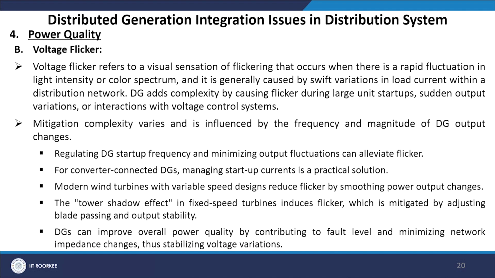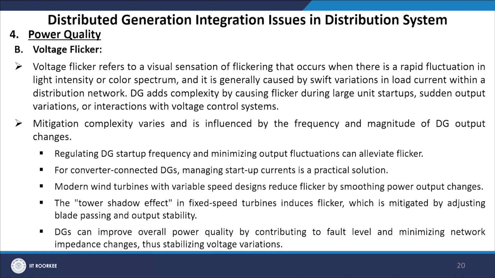One more aspect of power quality is known as voltage flicker. Voltage flicker refers to a visible sensation of flickering that occurs when there is a rapid fluctuation in light intensity or color spectrum. It is generally caused by rapid variations in load current within a distribution network.